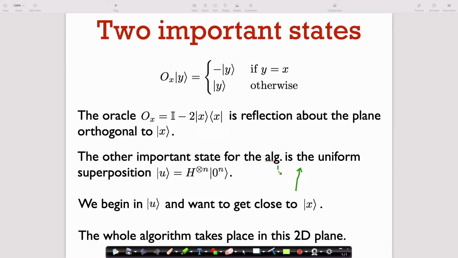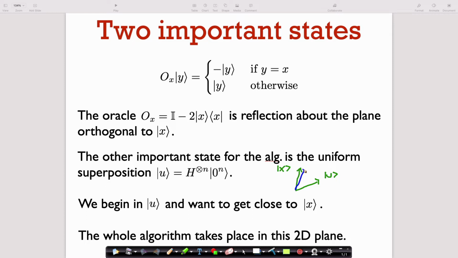So the picture is kind of going to be the following. Here we have the state x, and here we have the uniform superposition. Note that the uniform superposition is not orthogonal to x, so it would be somewhere over here. We start out in the uniform superposition, and we want to apply our algorithm so that at the end of the day we get a state which is very close to x.